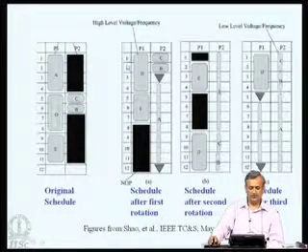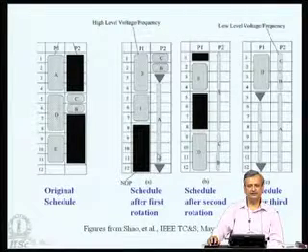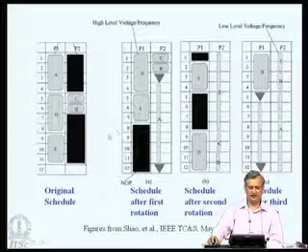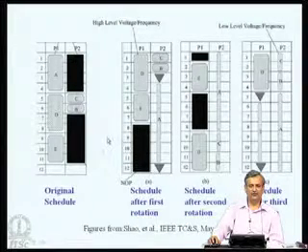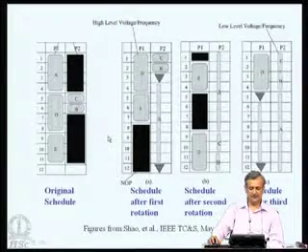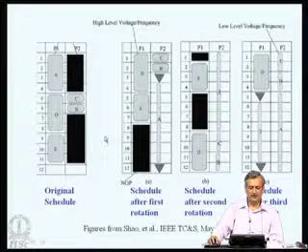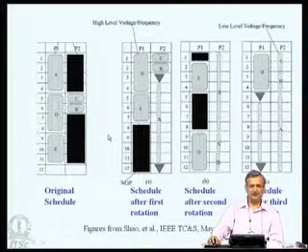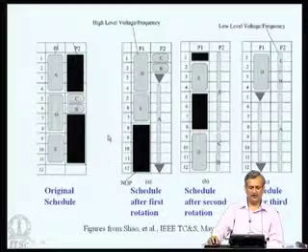The time is the same, power consumption is less, so energy is saved. So, that is loop rotation and scheduling of parts of the loop in order to save energy. Again, I must stress that we are saving dynamic energy and we are not really saving any static energy in this case.